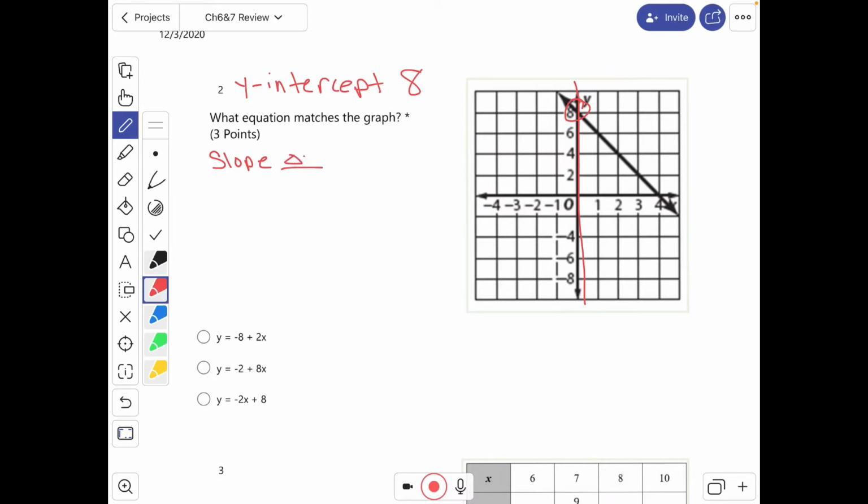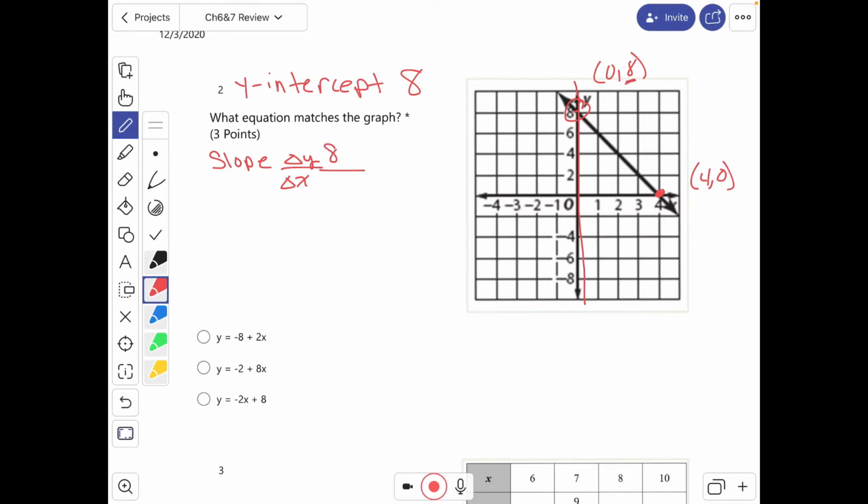And then the slope would be the change of y over the change of x. So we need to pick 2 points. Well, we've already got one. That's 0, 8. Let's go for this one down here, which would be 4, 0.